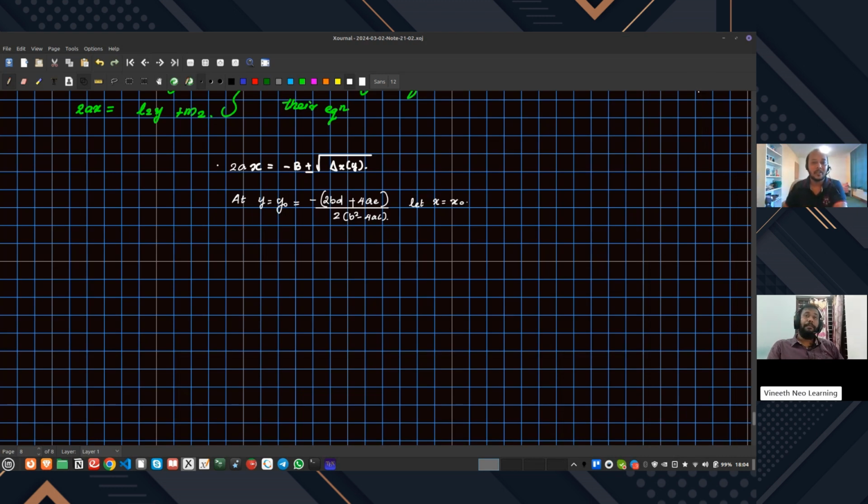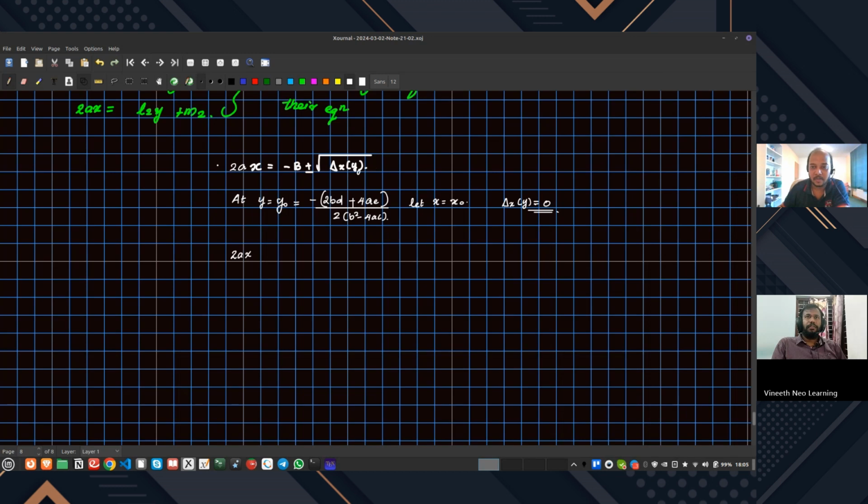Now what we can do here is let x is equal to x naught. Then delta x of y is actually equal to 0, isn't it? So you will get delta x of 2a y naught equals 0, y not equal to 0.